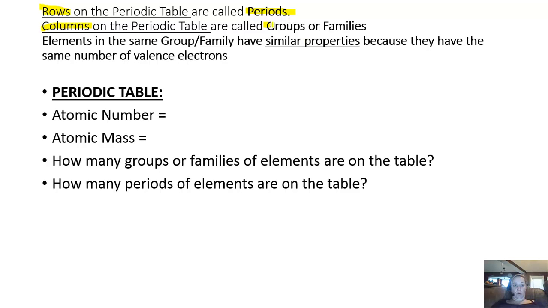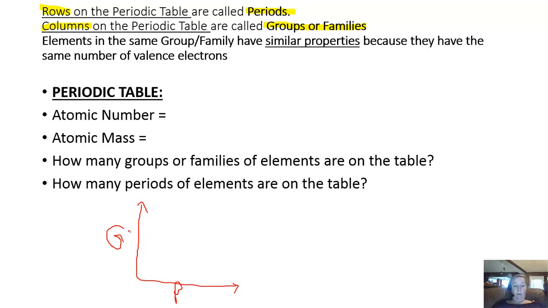If you guys will remember, I had you draw an axis, and I had you label that G and P. Actually, one of my students came up with this idea, and I thought it was brilliant. G comes before P in the alphabet. And so therefore, G is my groups, those are my columns, and my periods are my rows. Just a really short and fast way to remember that groups are columns and periods are rows on the periodic table.